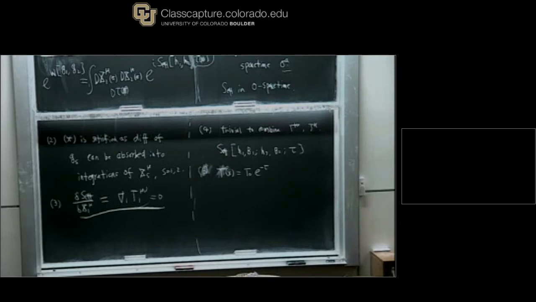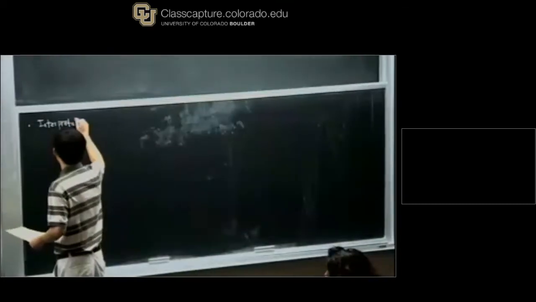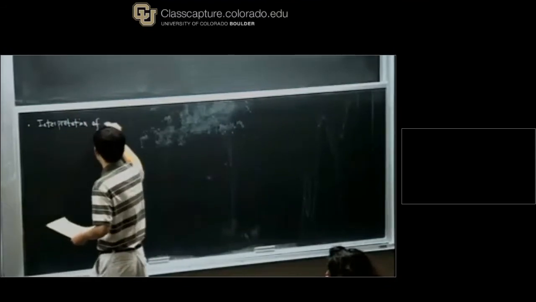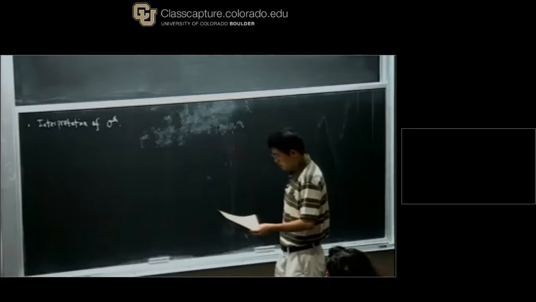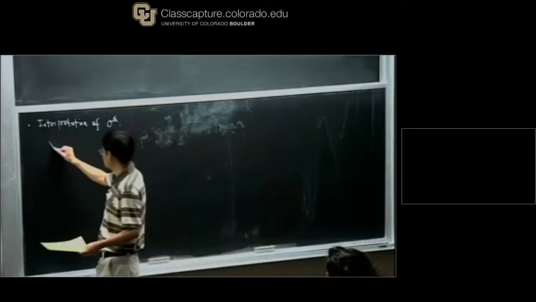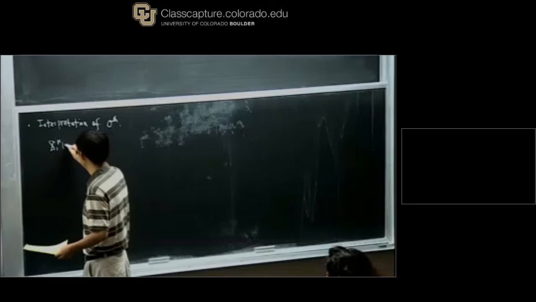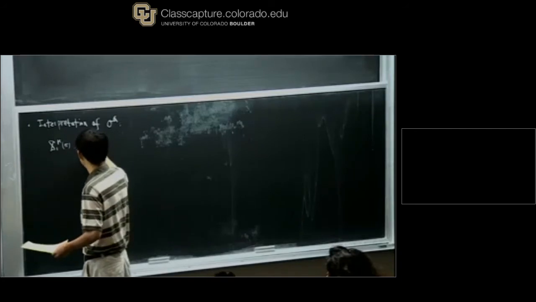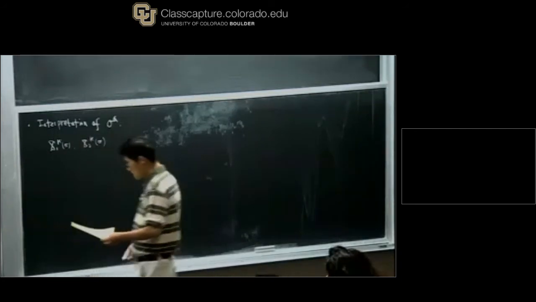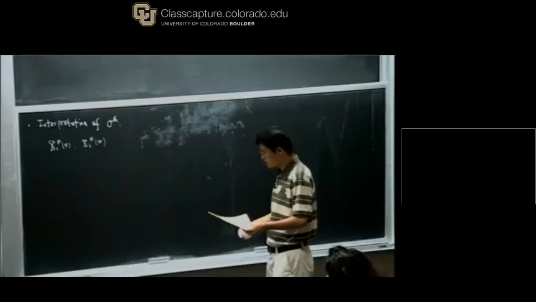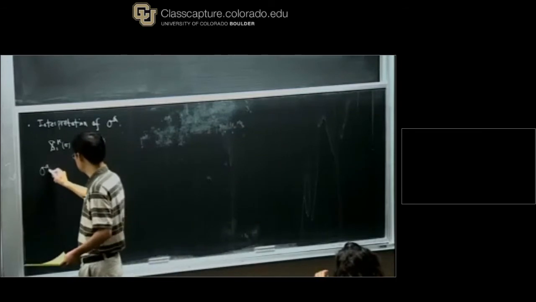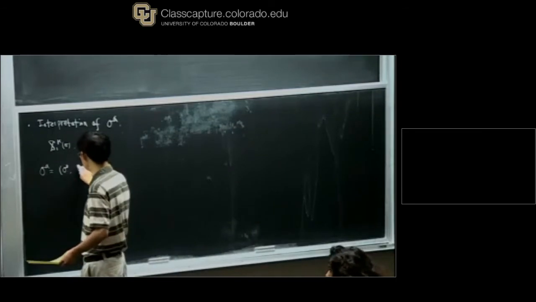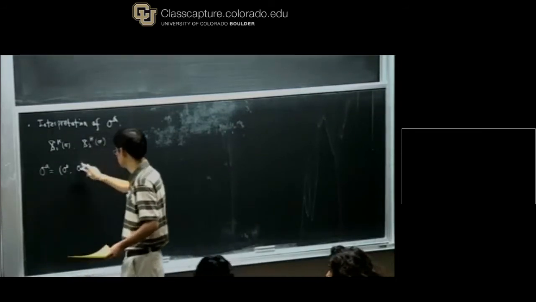So the interpretation of sigma^A. Our dynamical variables are x1^mu(sigma) and x2^mu(sigma). So let's separate sigma^A into the time component and the spatial component.